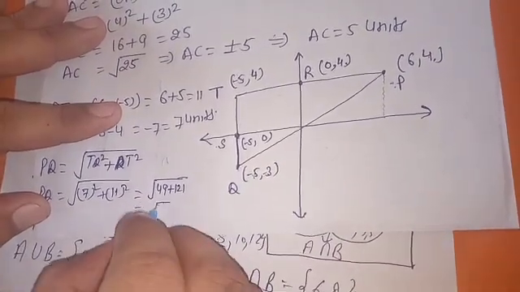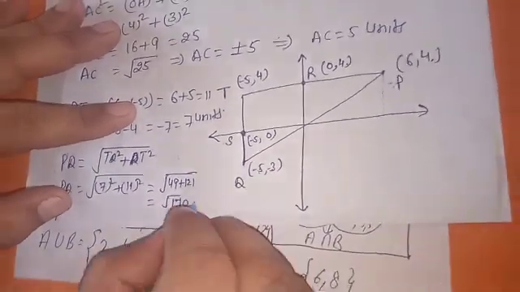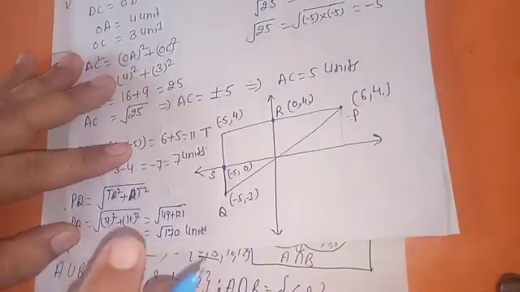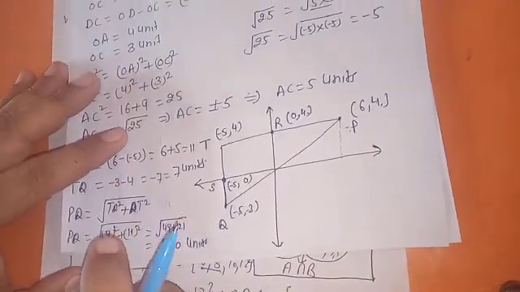So it means root 170 units. Easily you can find this out. Understood this?